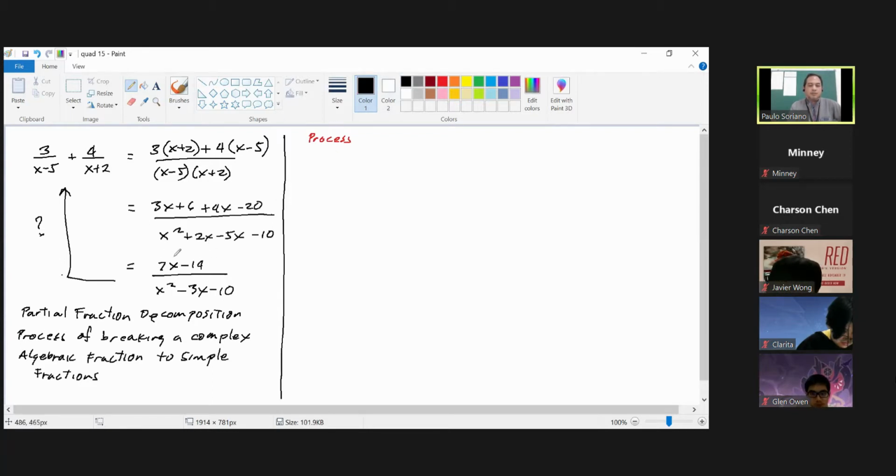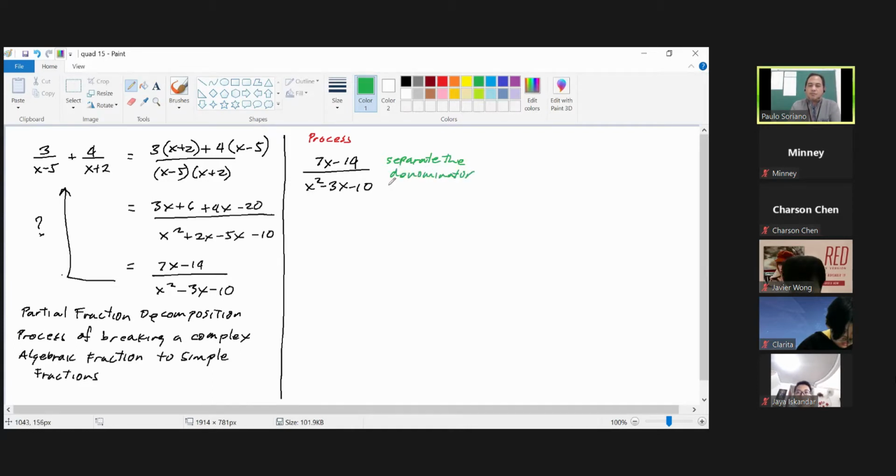We start with our complex fraction, 7x minus 14 over x squared minus 3x minus 10. Since we want to break it, you always start by separating the denominator into its factors.